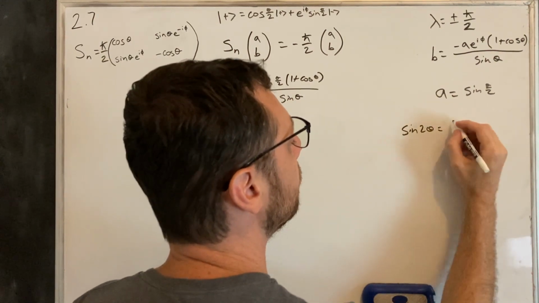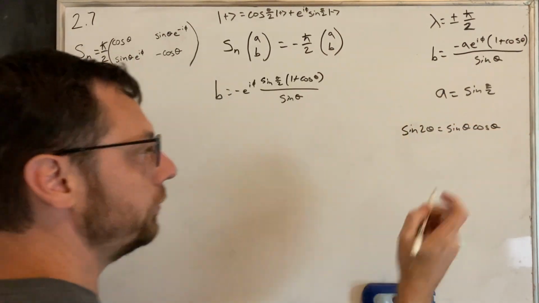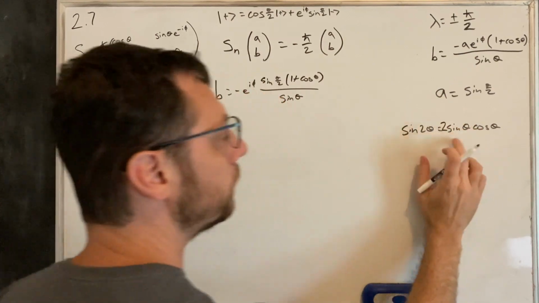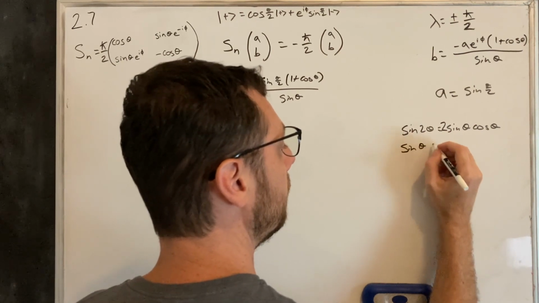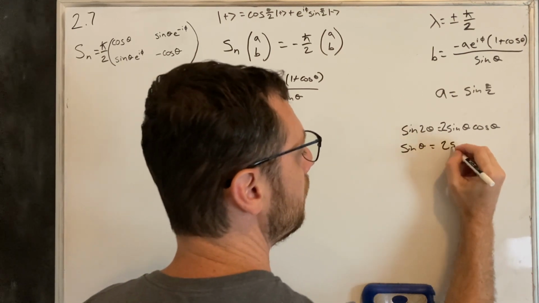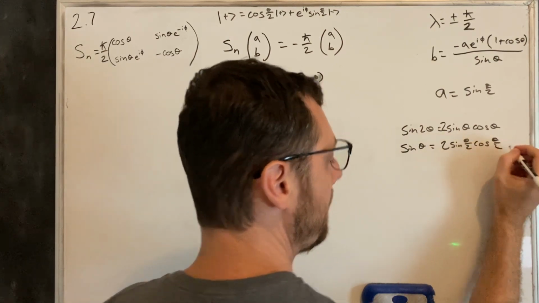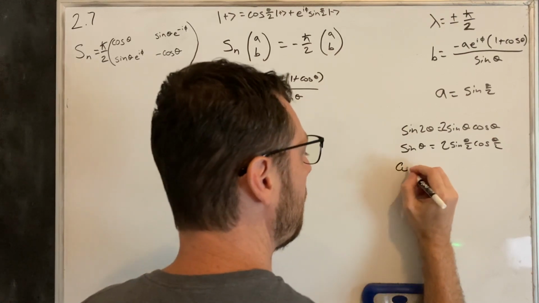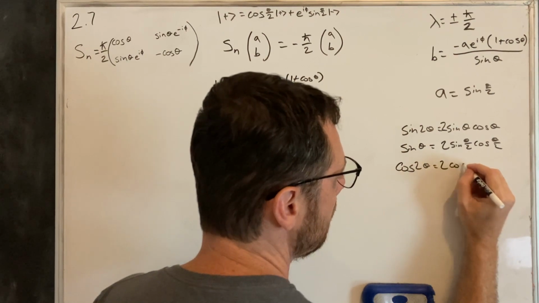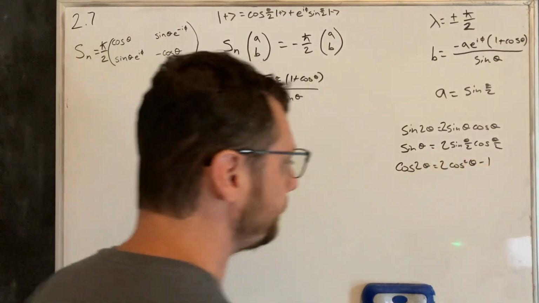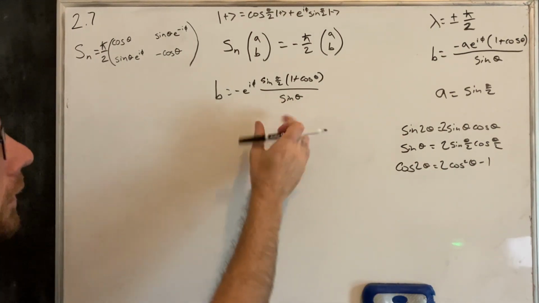Sine 2 theta is equal to 2 sine theta cosine theta. So that means sine theta is equal to 2 sine theta over 2 cosine theta over 2. Now let's write the other one, because we're going to need it. Cosine 2 theta is equal to 2 cosine squared theta minus 1.